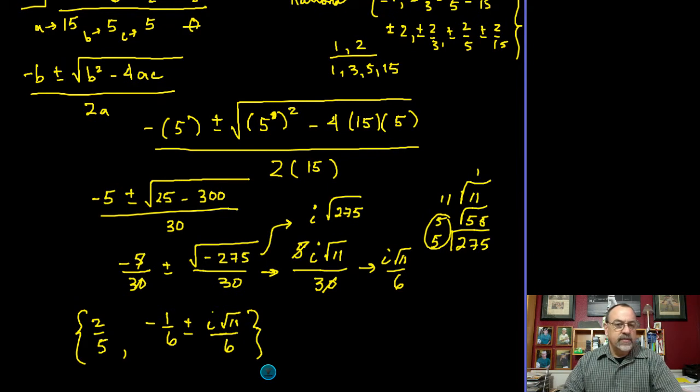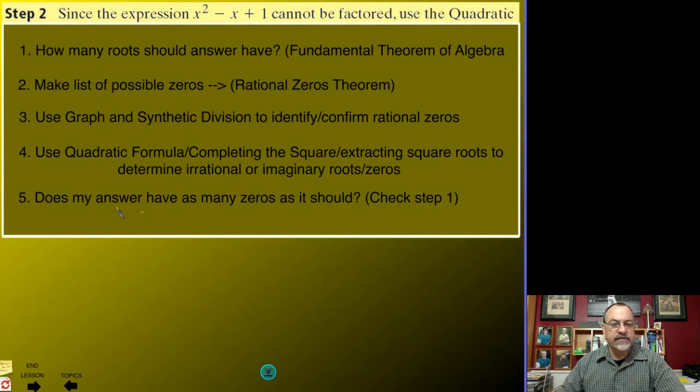All right, so that's a couple of examples. You can rewatch those as many times as you need, but again, it's just a reminder to make sure that we follow these 5 steps. We use the different theorems. We get an idea of where we should go using the fundamental theorem of algebra. We begin by finding the rational zeros.